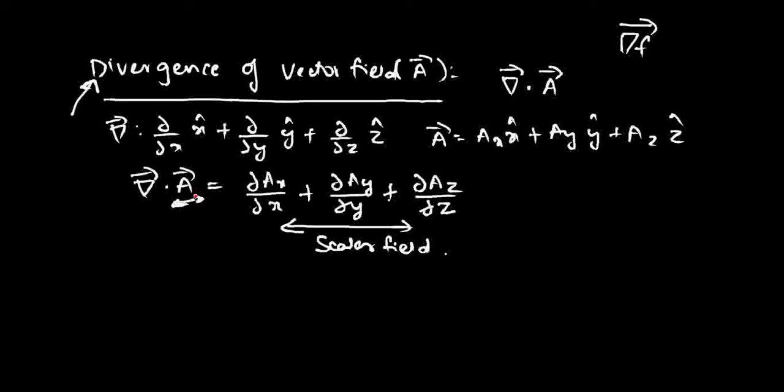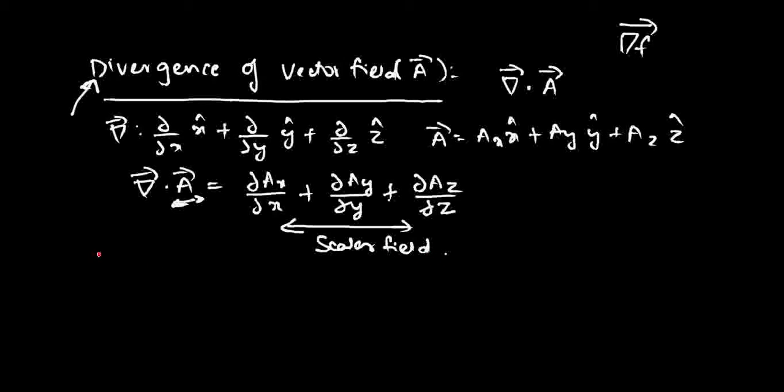So the divergence of the vector field is a scalar field, and it gives you the rate at which the considered quantity, whether it is energy or power, protrudes out of the surface, and it always results in a scalar quantity.